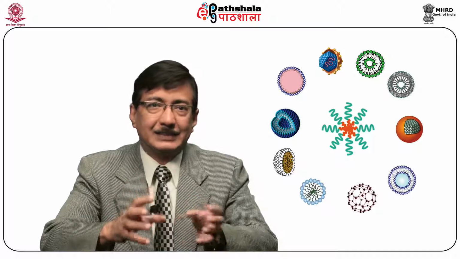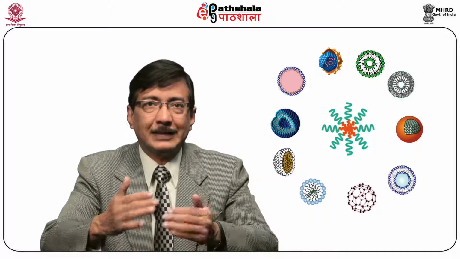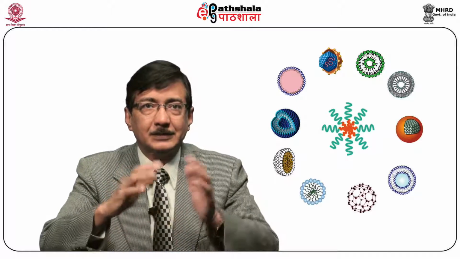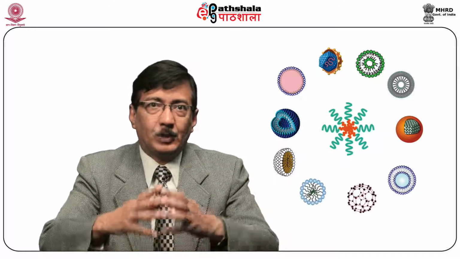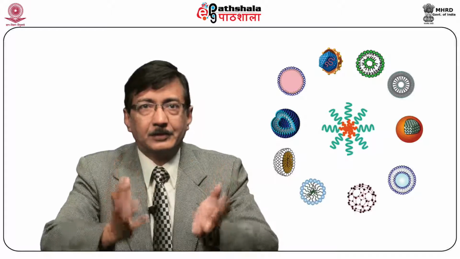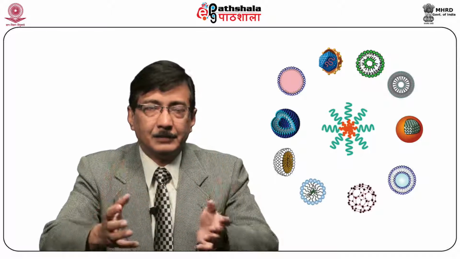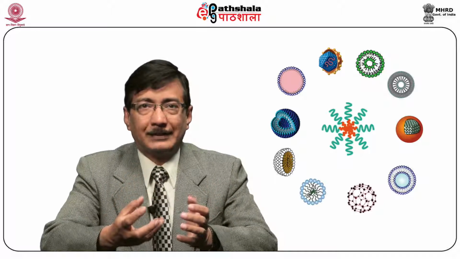As the name says, it's a combination of two words, micro plus sphere. Micro means anything which is in micron size, sphere means which is spherical in shape. So it is a spherical empty particle. The main objective of designing a microsphere is to protect the drug molecule from the external environment and to control the release of the drug from the matrix.